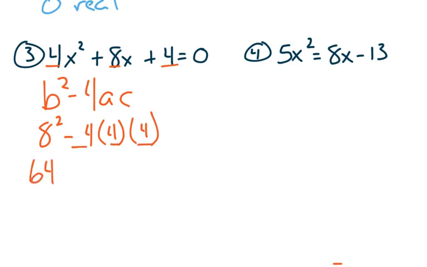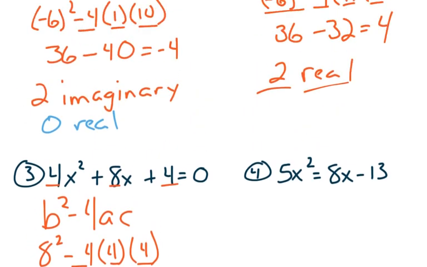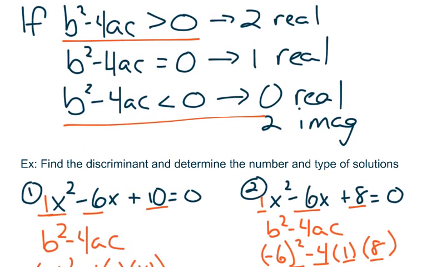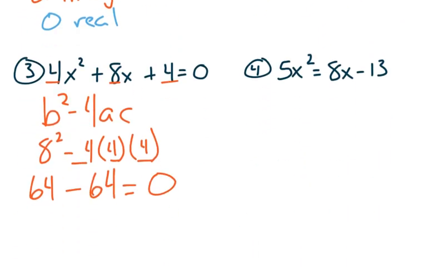Negative times positive is a negative. 4 times 4 times 4, if you type that in your calculator, it is 64. So then 64 minus 64 is equal to 0. And if your discriminant is 0, b squared minus 4ac equals 0, that means we have 1 real answer, which means the answer, wherever it might be, means the vertex is on the x-axis.